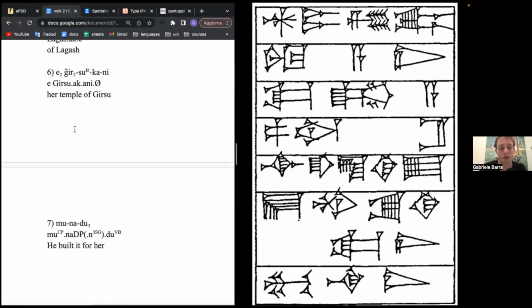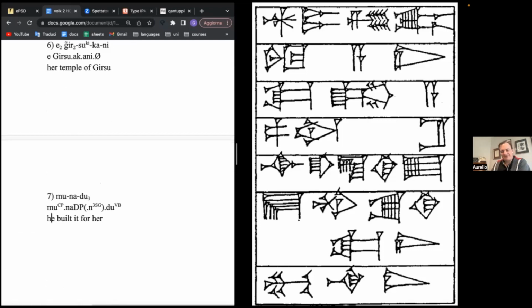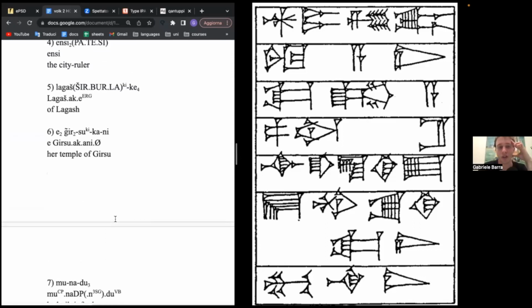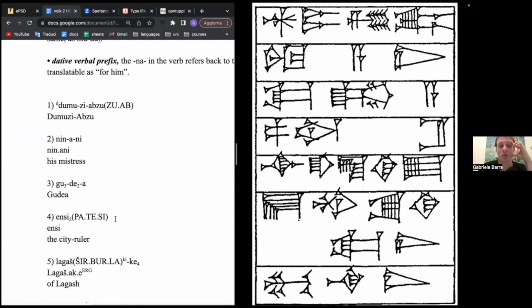Although I've seen nin before being used with a masculine reference, which is super confusing. I mean, you would think nin is lady. Yeah, it does happen. And one can only wonder about the concept of gender, especially with gods for the Sumerians. But the clear indication that it is in fact a female goddess is again the nin here. So mistress.